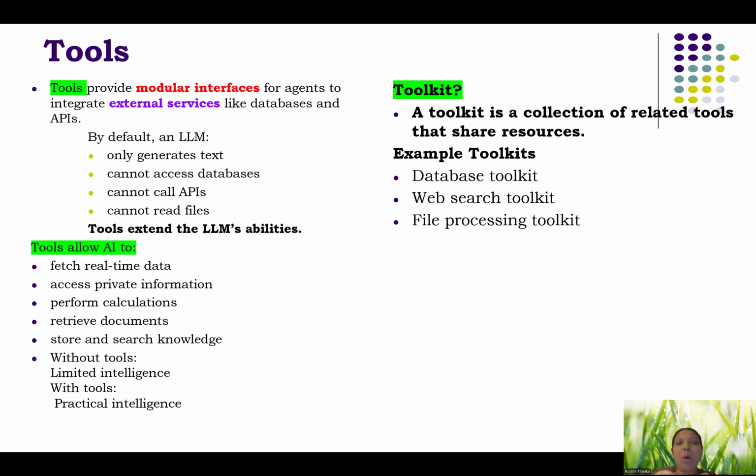So this component helps LangChain connect to external services, like maybe a database, an API, or a file, whatever it may be. These kinds of tools can be accessed by the agent with the help of this component.